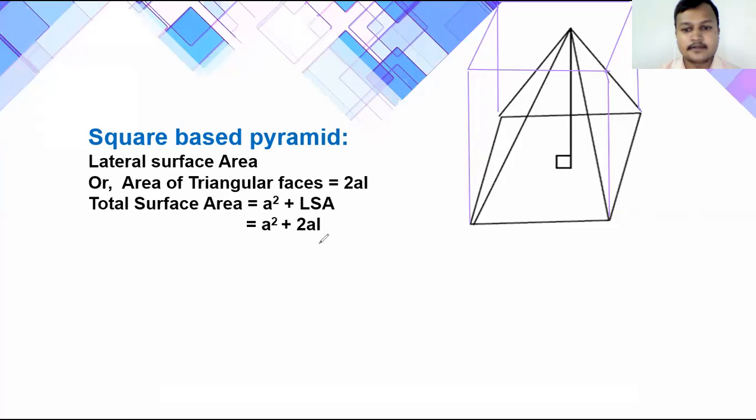And if we find the volume of this cuboid, this base is A, this is also A, and this is equal to height. The height inside is the same height here, vertical height H, and volume of this cuboid is A into A into H, that is A square H, and its 1/3 is volume of pyramid, 1/3 A square H. This is the simple formula to find out volume of pyramid.